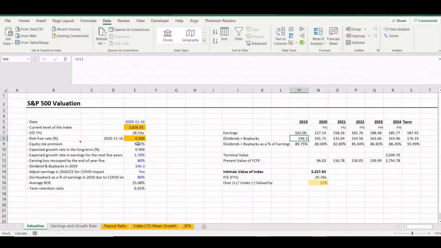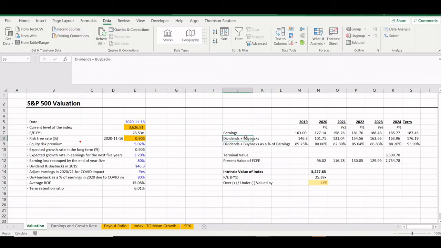The equity risk premium is a forward-looking dynamic premium that's calculated at 5%, and there are analysts who calculate this return based on the level of the index, such that this value is forward-looking and dynamic. And the risk-free rate is at lows. It's 0.9%, and it's changing. It was as low as 0.4%, 0.5%, and now it's 0.9%.